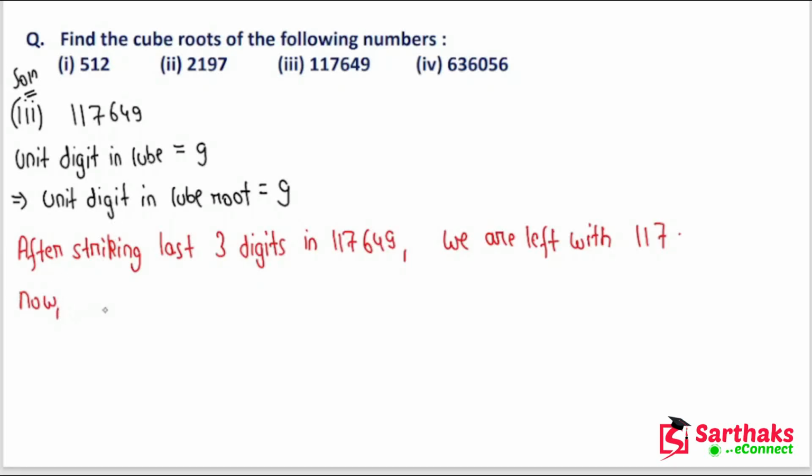So 4 cube is the one which is less than 117. Now, 117 lies below 5 cube, and the only cube which is less than 117 is 4 cube.